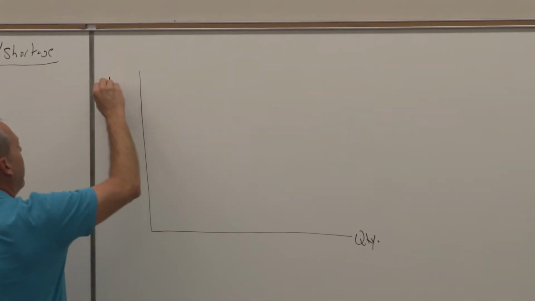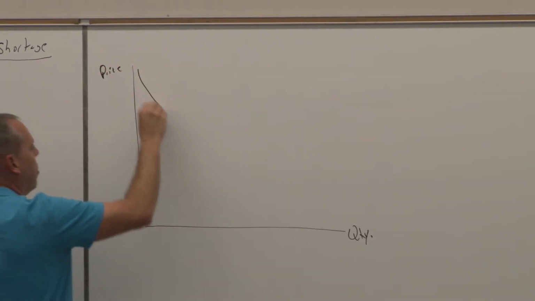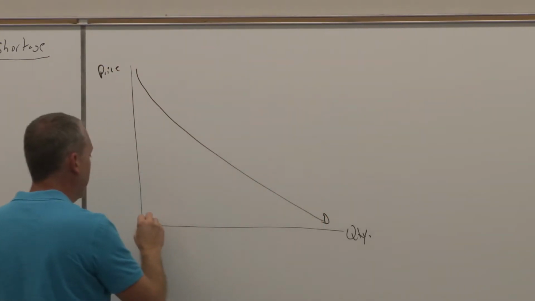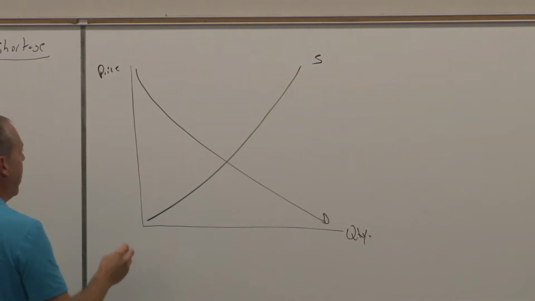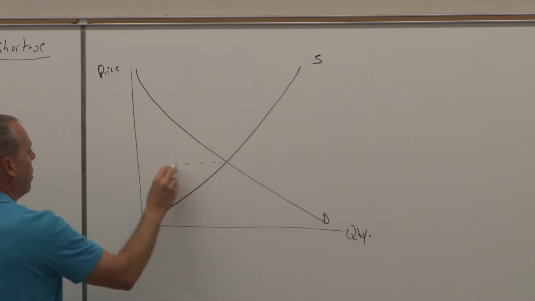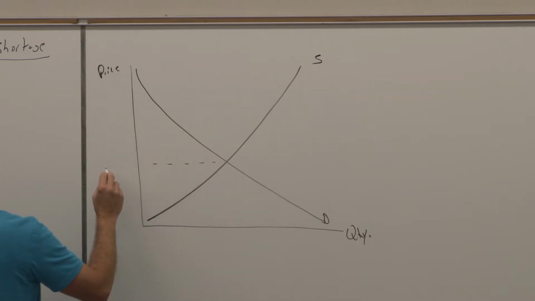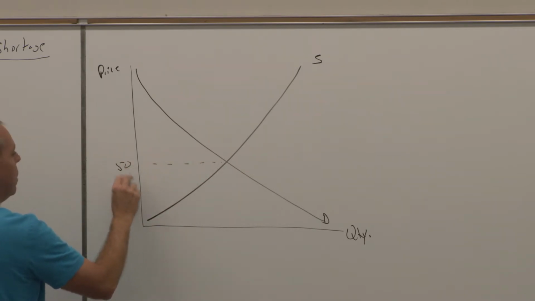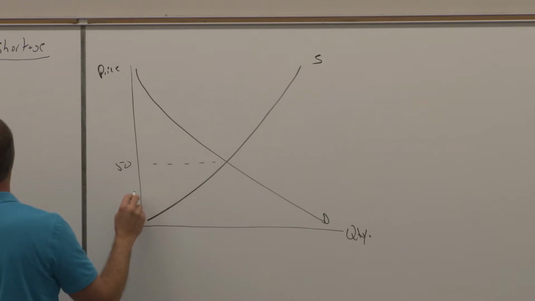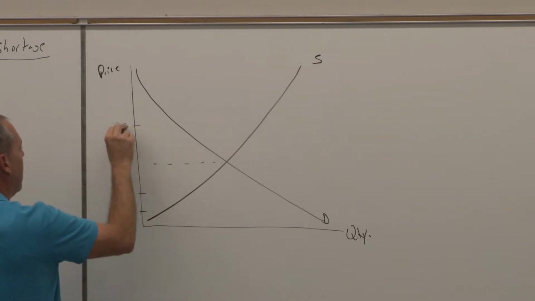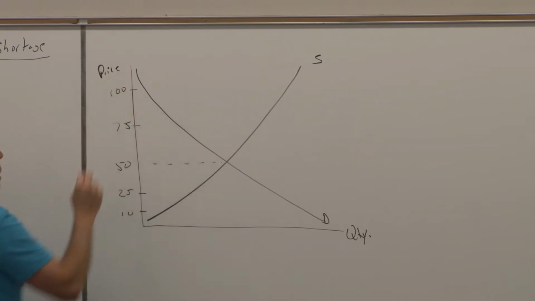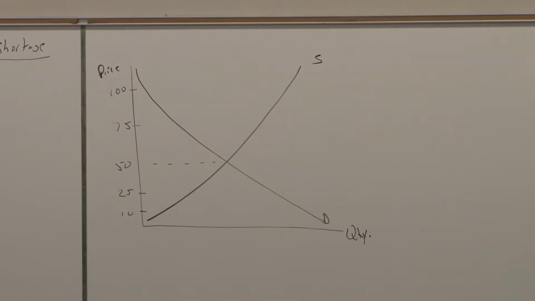So here's our quantity, here's our price, here's our demand, here's our supply. And we have these different prices here: 50, 25, 10, 75, and 100.